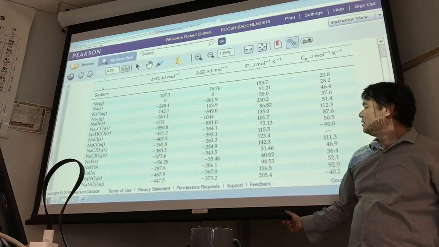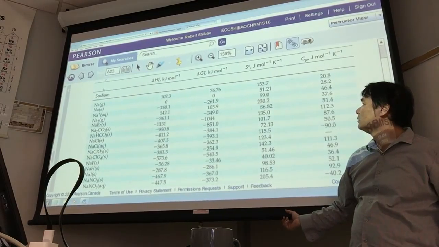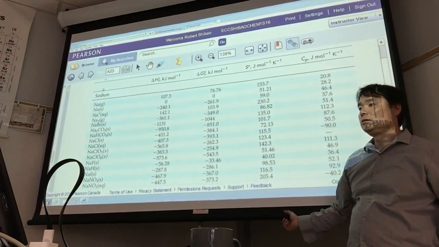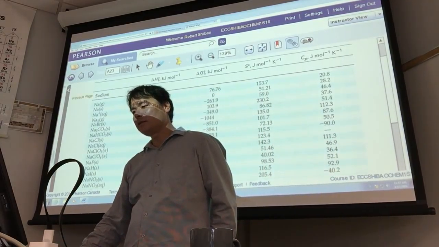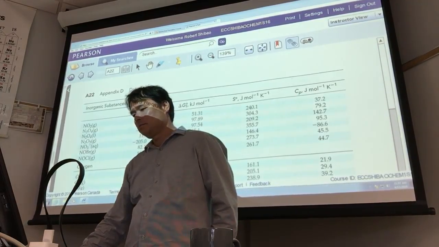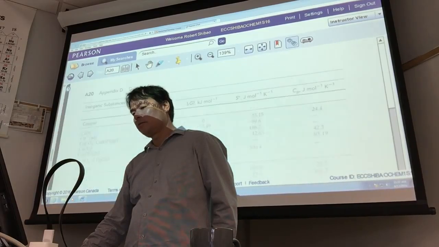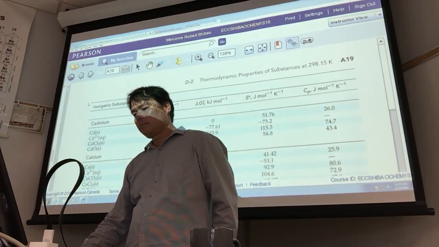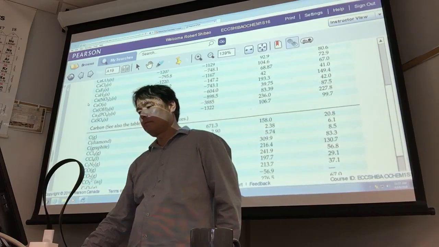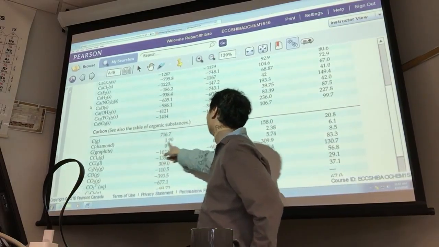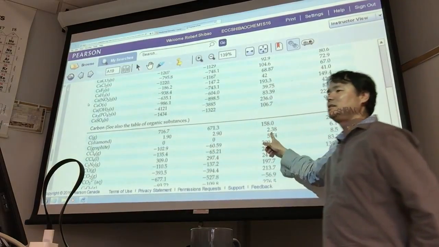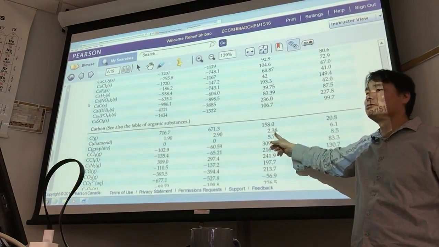Can you think of anything else that's really well ordered? Diamond. Diamond should be really well ordered. Let's take a look at the entropy of diamond. Should be carbon. So if we go to diamond, diamond's entropy is 2.38.